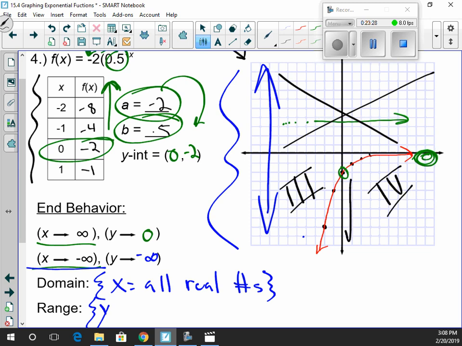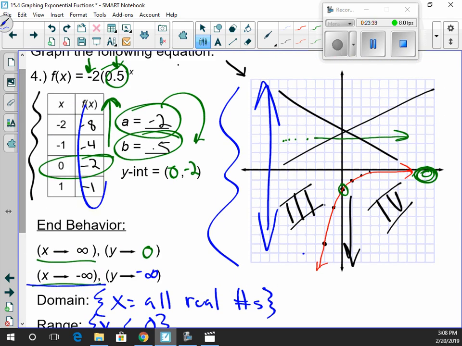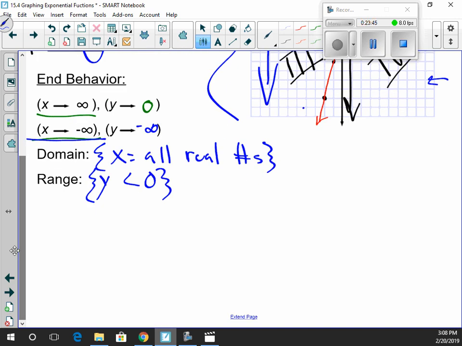So everything is below 0, and that's what we say for my range. My range is now, again, less than 0. So my y values can only be negative, and it shows in the table, and it shows in the graph for this particular function. And again, the reason is that my a value is negative. I have a negative a value.